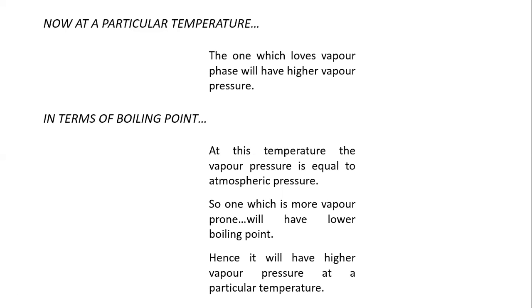In terms of boiling point, the one which has a higher vapor pressure at a particular temperature is more vapor prone, and that one will have a lower boiling point.